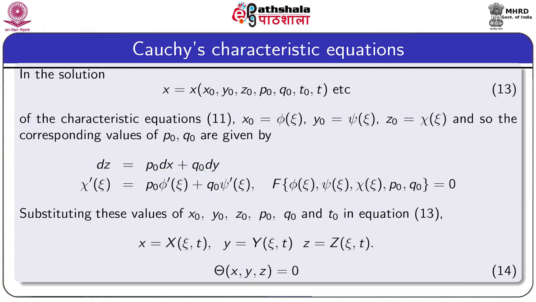So, we have a linear relation between p0 and q0 in the first equation, and we also have capital F, which is a function of phi, psi, chi, p0, q0 equals 0. So, solving these two equations, we can find the values of p0 and q0. Therefore, all the variables x, y, z, p, q are known in terms of x0, y0, z0, p0, q0 and t0.